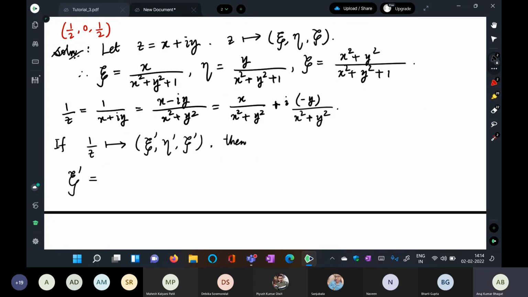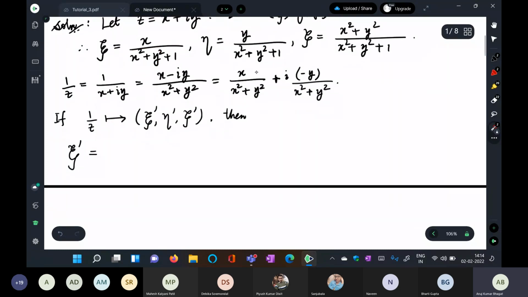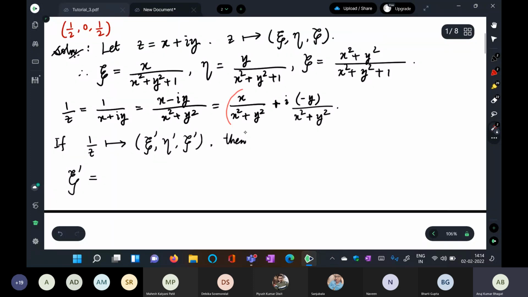That's good. So you see, if z is known to you, then how do you find the first coordinate under the stereographic projection? You write down the real part and then modulus of z whole square plus 1. So this complex number has this real part and this imaginary part.